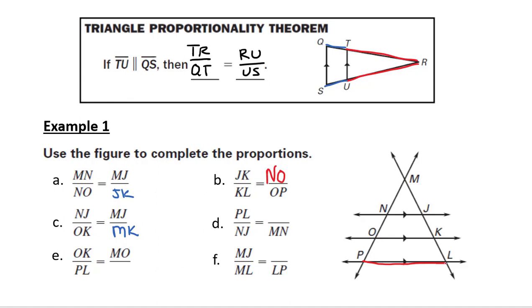PL is to NJ. Where's NJ? NJ as something is to MN. Well, I have this side of the triangle and this segment, so now I'm looking at this big side, MP.